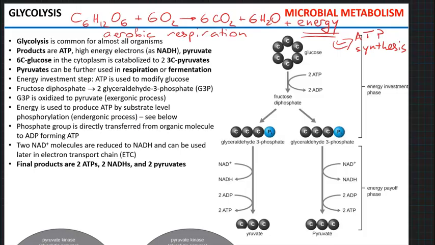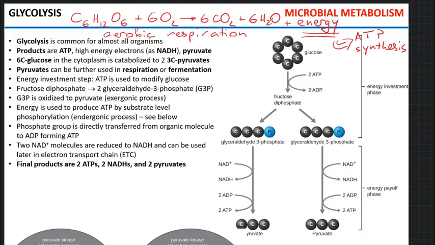Sounds good? Okay. So the whole aerobic respiration has three main steps. It's glycolysis, Krebs cycle, and oxidative phosphorylation. We're going to start with the glycolysis.